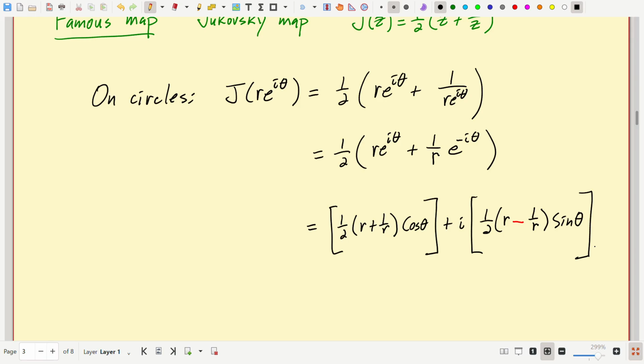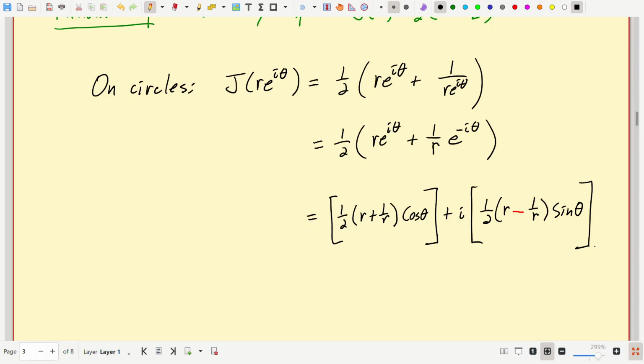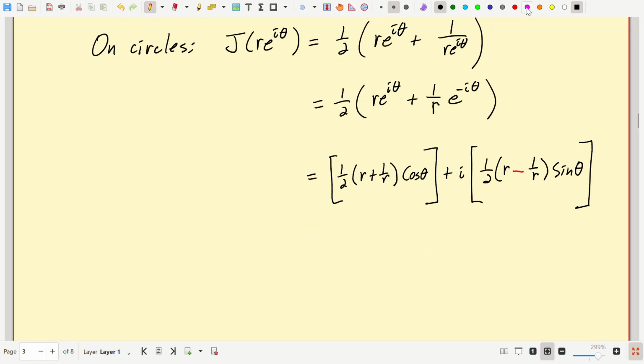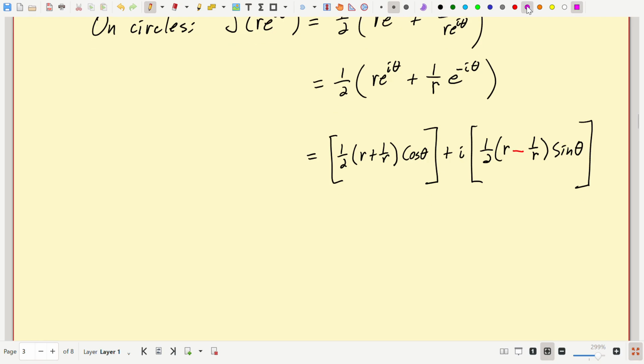And that is the parametric form of an ellipse, which you probably saw, another Math 261 moment, when you were studying conic sections. This is a parametrization of an ellipse.